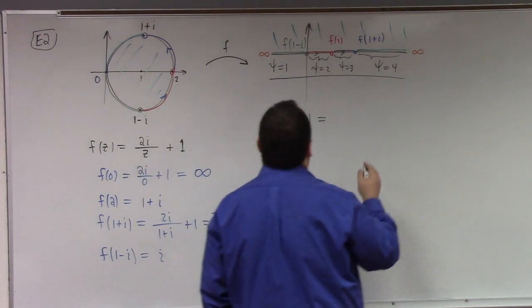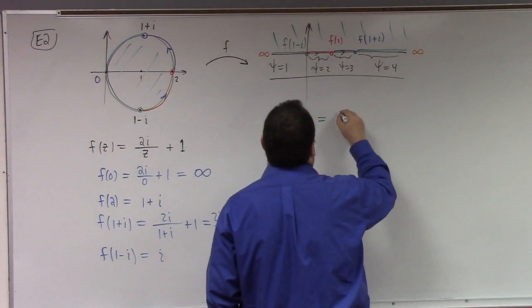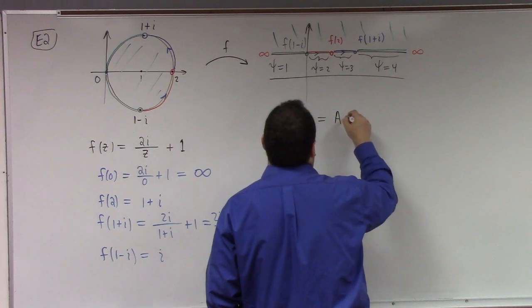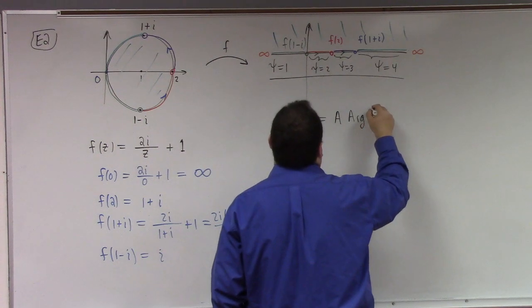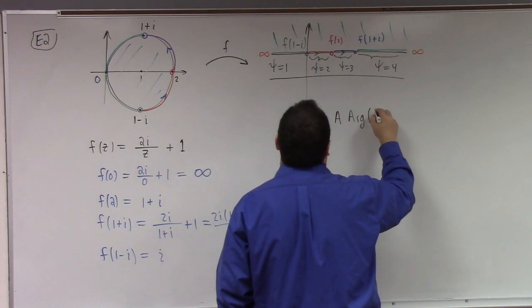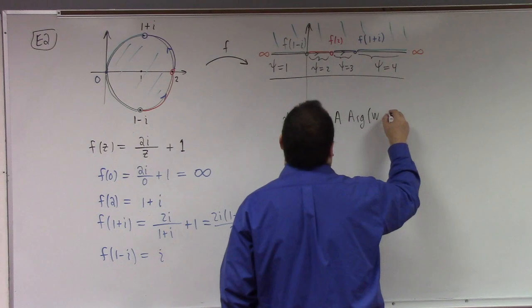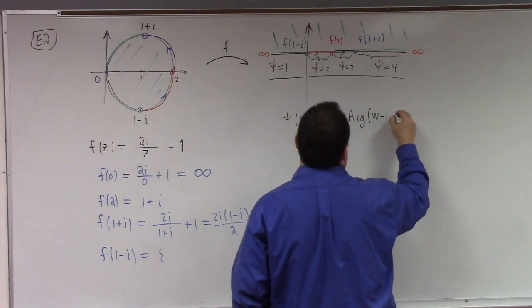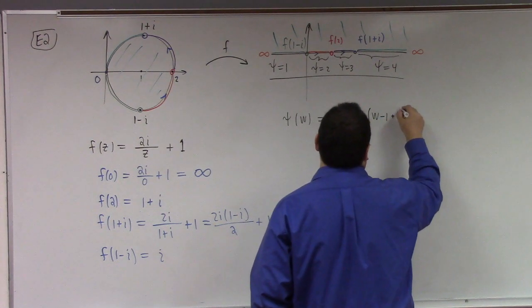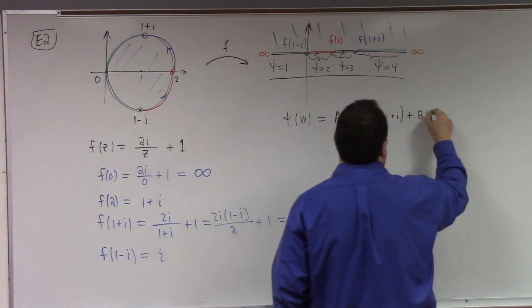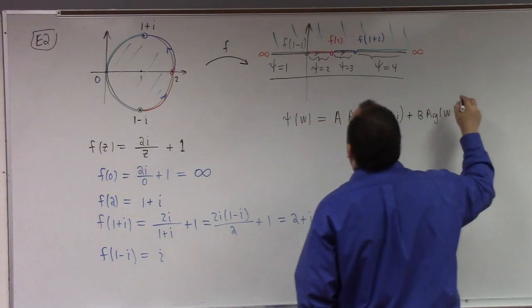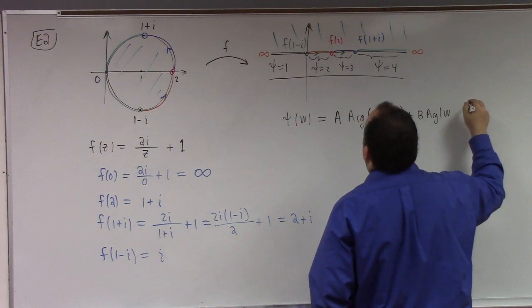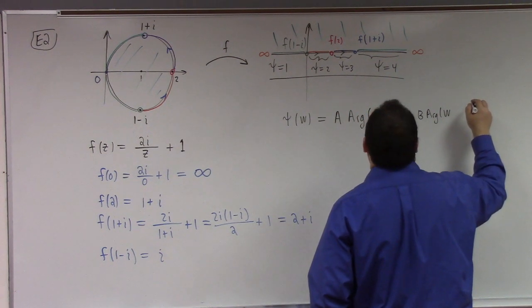Right, so we do, let's say, a arg of w minus 1 plus I, right? Plus b arg of w, oh, my bad.